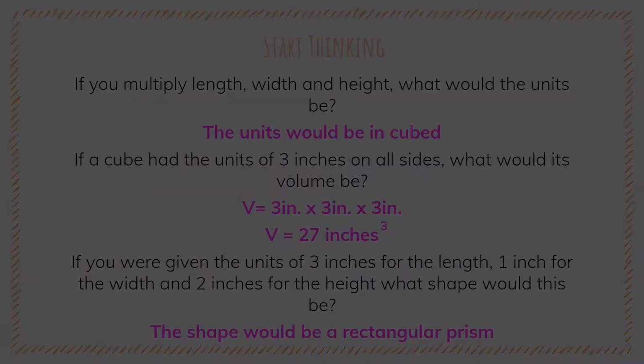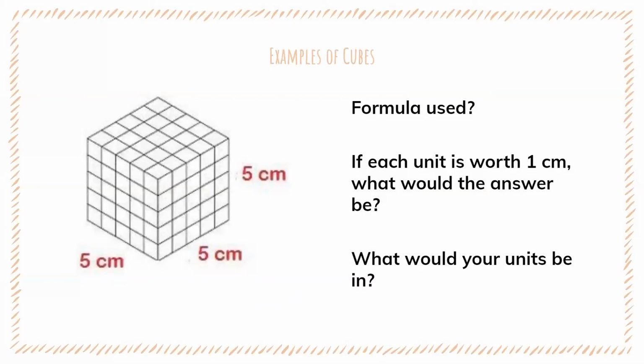So moving forward, let's do some examples of cubes. You see here I have the cube with 5 centimeters, 5 centimeters, 5 centimeters. I did find one that had the single units in between each one for you to see. It would be super difficult for us to count all of those, but if we use the volume formula, we will be able to do that.